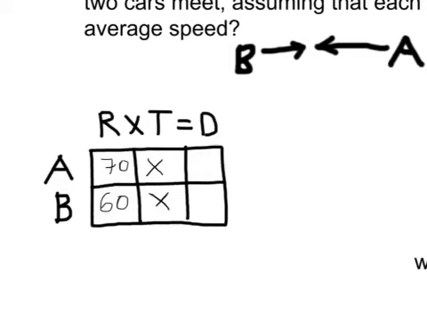Now, we don't know how long car A traveled numerically yet, but one thing we do know for sure is it traveled 70 miles per hour for x hours. So since rate times time equals distance, we know that car A traveled 70x miles. Car B similarly traveled 60x miles for the exact same reason.